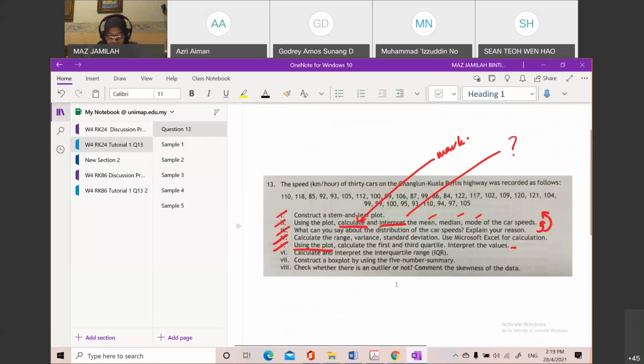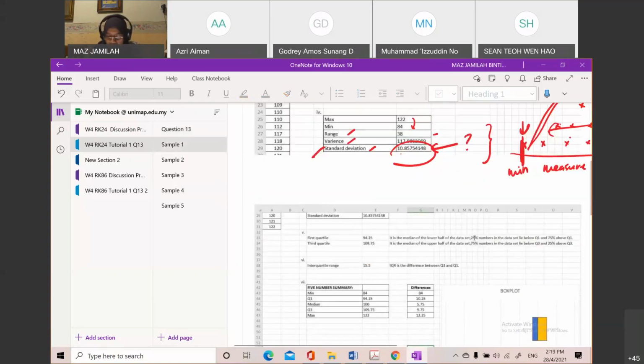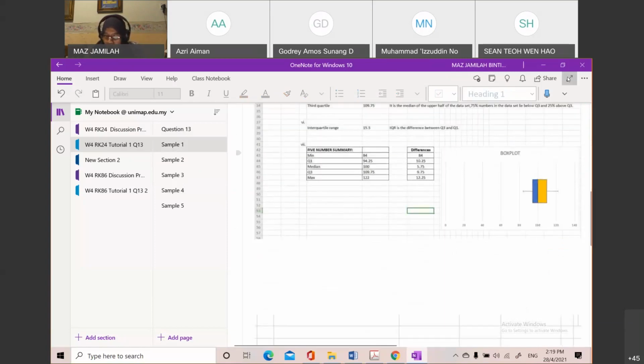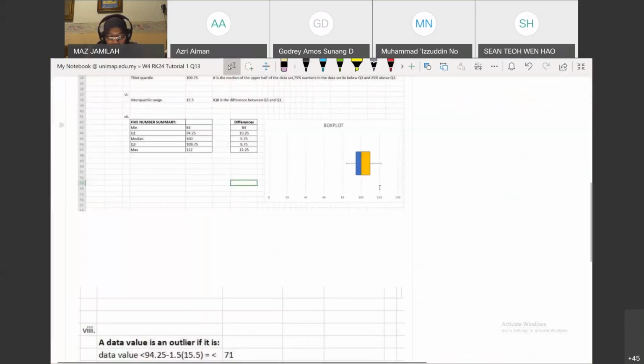So the last question: construct a box plot by using the 5 number summary. For this one, I think everyone is doing well. Based on the video, I believe everyone can do it.